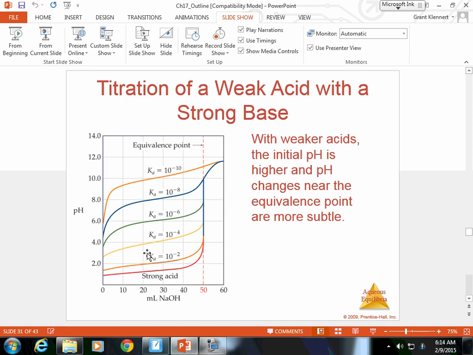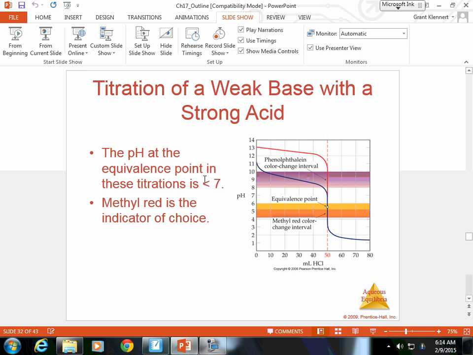As the acids get weaker, you can see that the equivalence point slowly slides up from 7 to 8 to 9. You could probably say with an acid with a Ka of 10 to the negative 8, your equivalence point is a pH around 10. So that's just showing what can happen when you titrate a weak acid with a strong base.